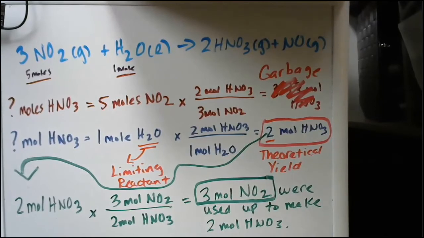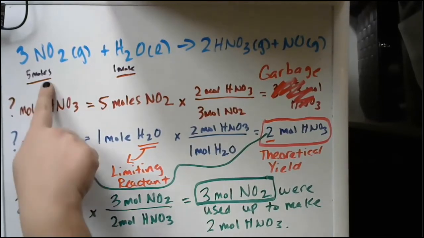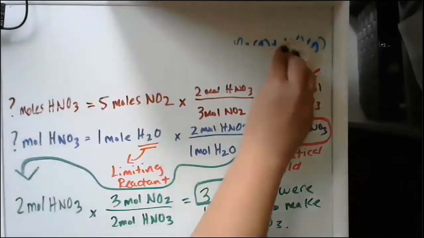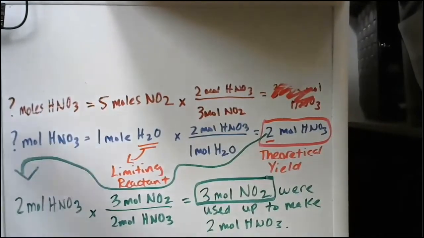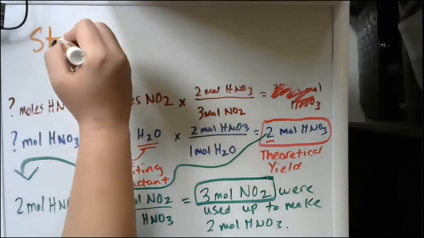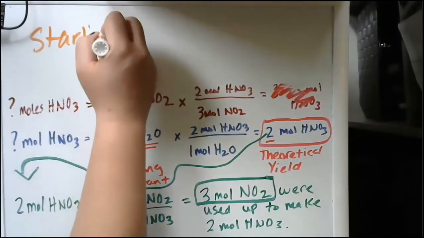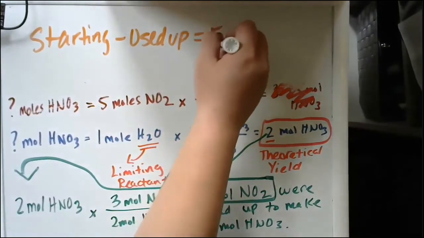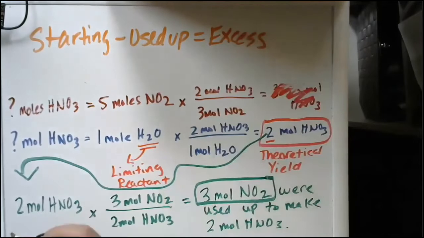Okay. So now we know that we started out with 5 moles of our NO2. I'm going to erase this part up here because this is our last step in this part of the calculation. So we're going to do starting minus used up equals excess.